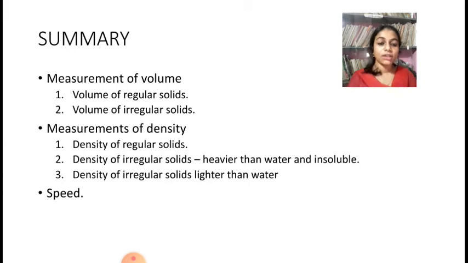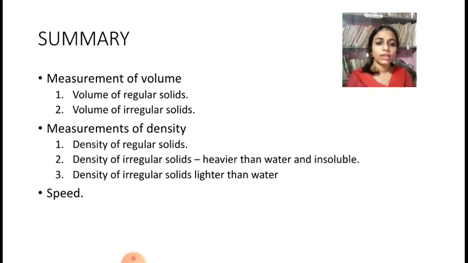We all know that the graduated cylinder or measuring cans are used for finding the volume of liquids, isn't it? By making use of such devices, we find the volume of irregular solids also. And what is the measurement of density?